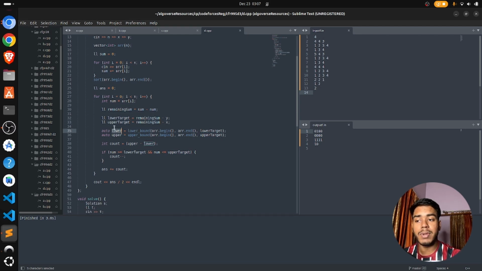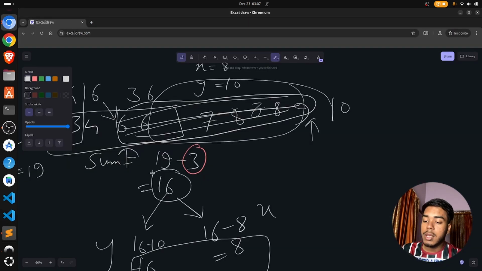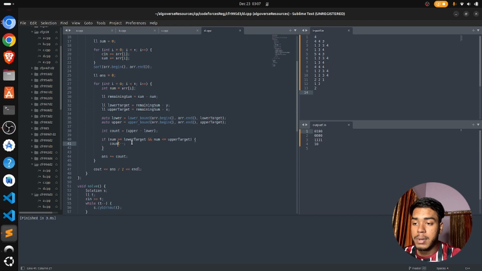Then we are calculating our lower bound of the lower target and upper bound of our upper target. Then count will basically be upper minus lower. And if your num lies between the range, your num greater than or equal to lower target and num less than or equal to upper target, simply reduce the count by 1.